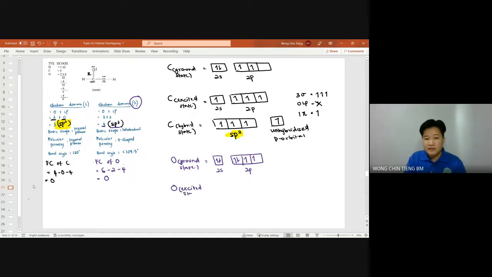And my question is Zati, excited state kat sini, do we need to excite any electron? Tak payah. Any changes? No. Kenapa tak ada changes? Kenapa dua pasangan elektron tu kena ada? Sebab kita ada 2 lone pair. Thank you.